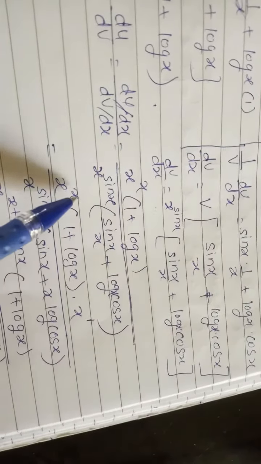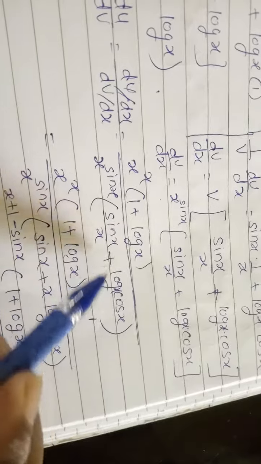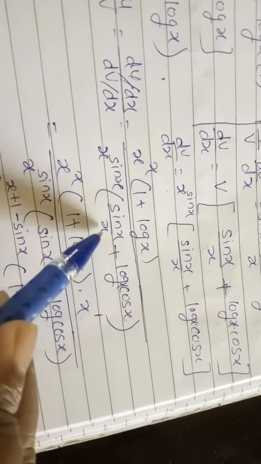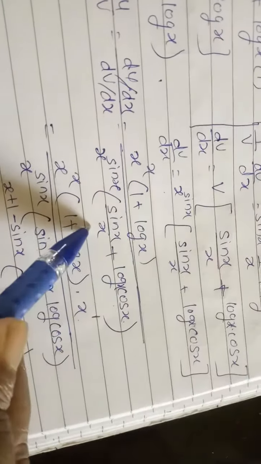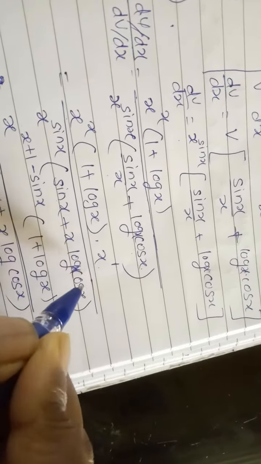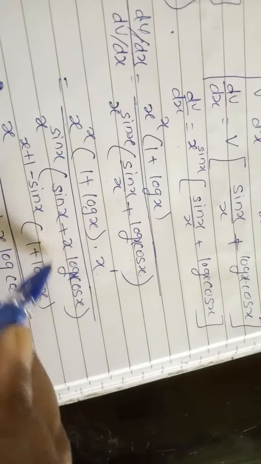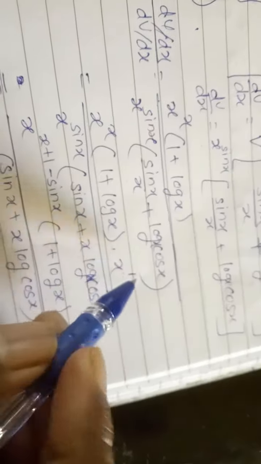After that x raised to x in bracket 1 plus log x into, here we will take the LCM. So LCM is x. Now taking cross, so we get here sin x, and here we will get x log x into cos x, and we are moving this x to the numerator, so x the power is 1.